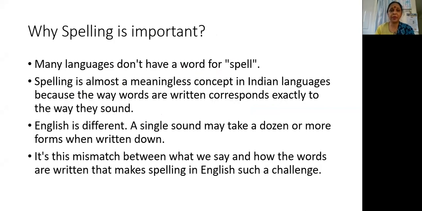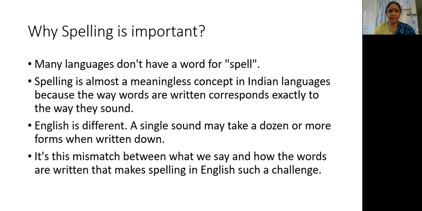This is important because most of the Indian languages, or most of the languages across the world, do not have a word for spell, because spelling is a meaningless concept in Indian languages. The way the words are written corresponds exactly to the way they are pronounced, whereas English is different.